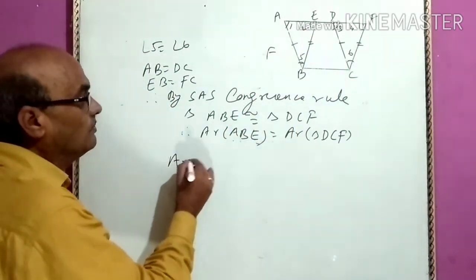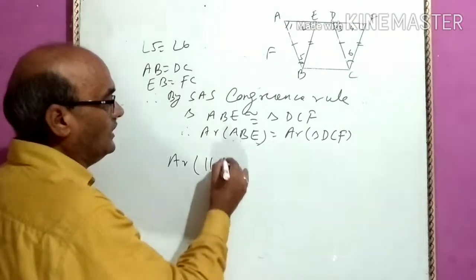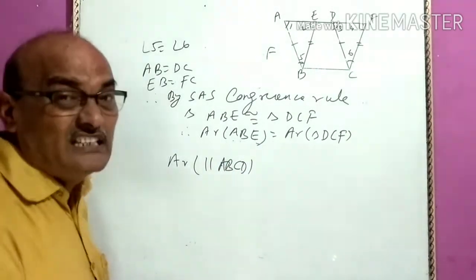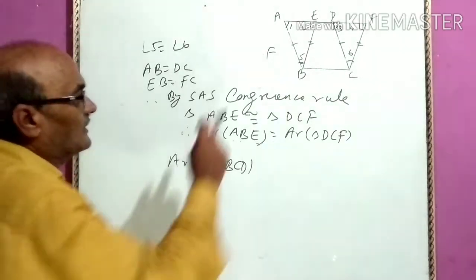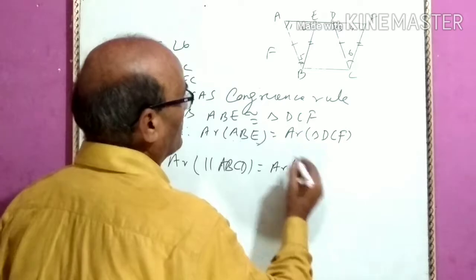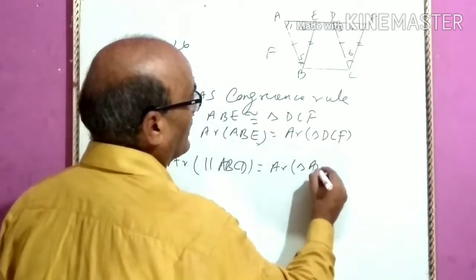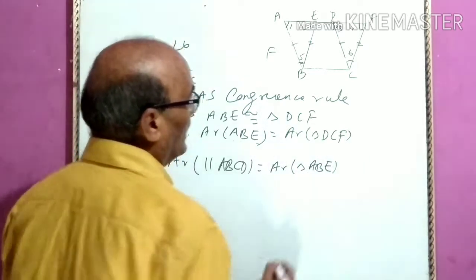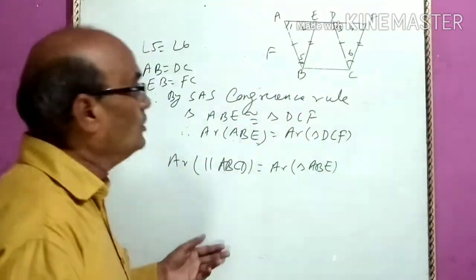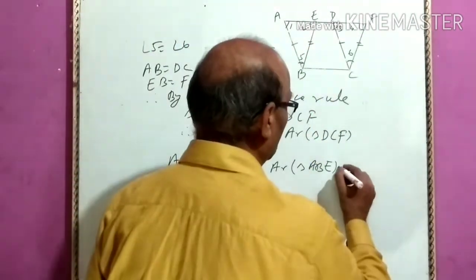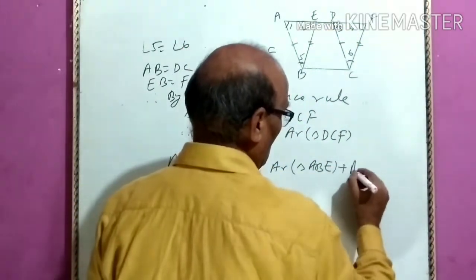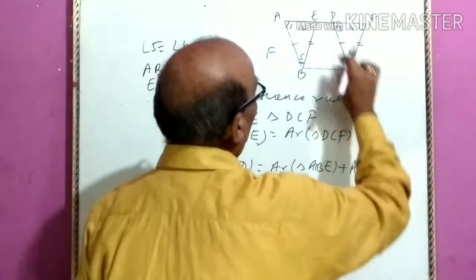Area of parallelogram ABCD, how can it be rewritten? I am going to split the area of ABCD, so it is nothing new: area of triangle ABE plus area of this quadrilateral EBCD.